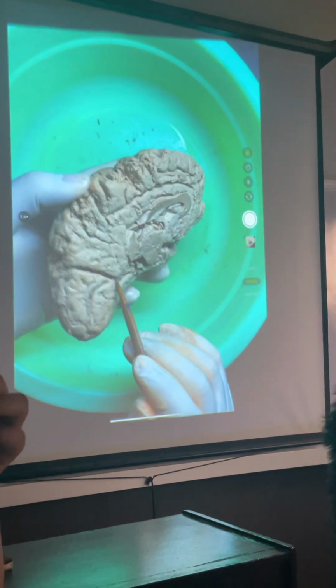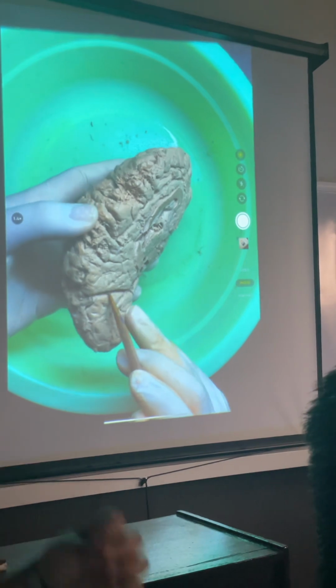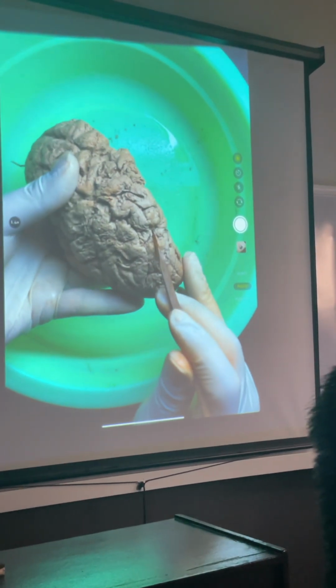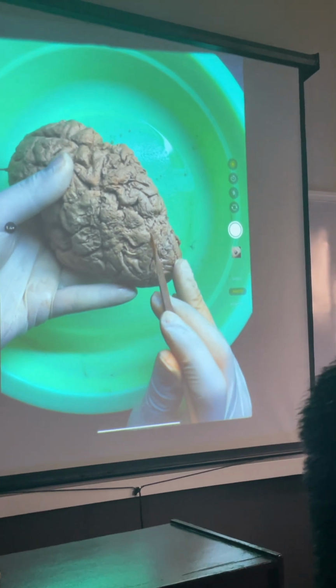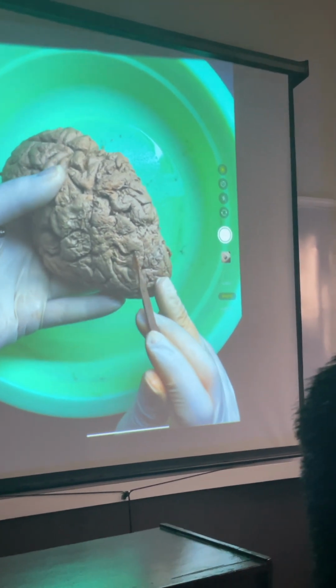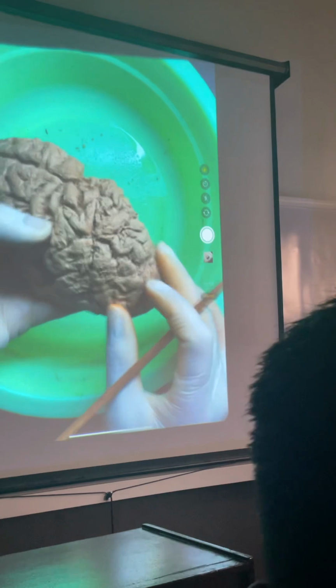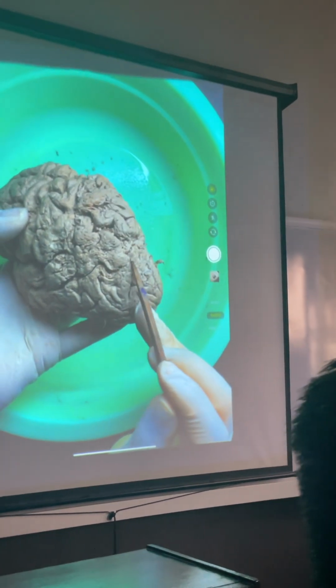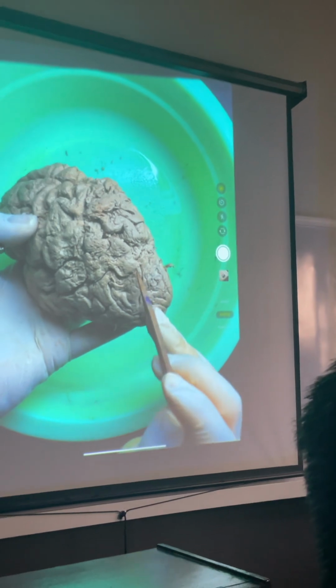And this is the parieto-occipital sulcus, which is actually a continuation here. Now, if you can see here, there's an overlap of things, like this one and this one.